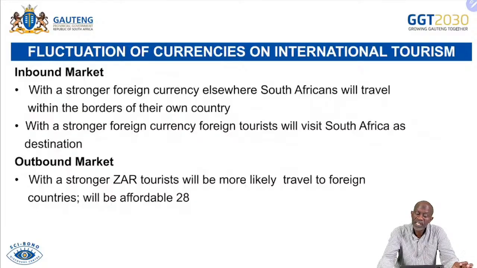With a stronger foreign currency, foreign tourists will visit South Africa as a destination. Outbound market, with a stronger South African ZAR, South African rand, tourists will be more likely to travel to foreign countries because it will be affordable.